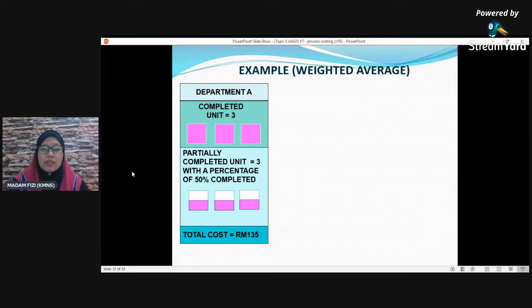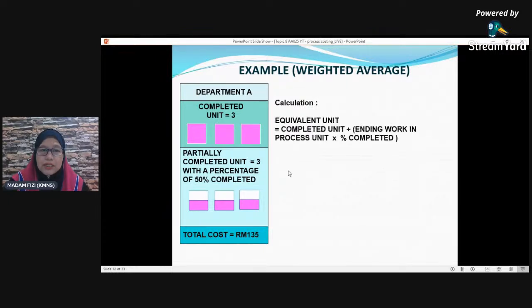The total cost in Department A is RM135. Macam mana kita nak kira cost per unit? Kita kira dulu the equivalent unit. This is the formula for the equivalent unit: completed unit plus ending work in process multiply by percentage completed.